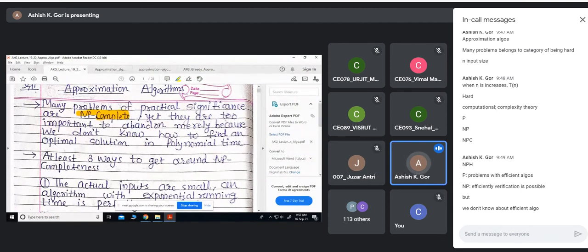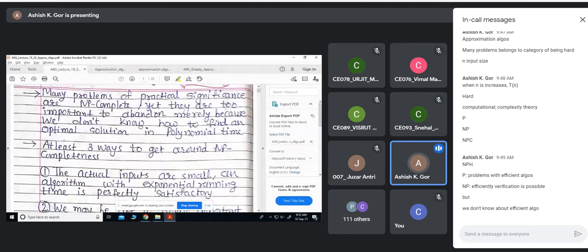Right now, it is sufficient to know that they are too time consuming when input size grows. Those problems are too important that we cannot just abandon them. So we must find some way to get a solution in polynomial time. This is our objective.